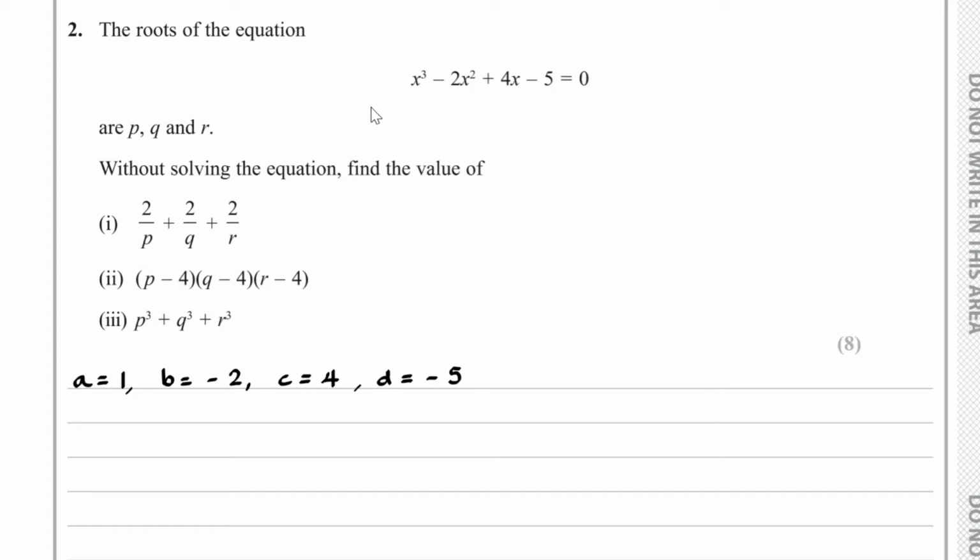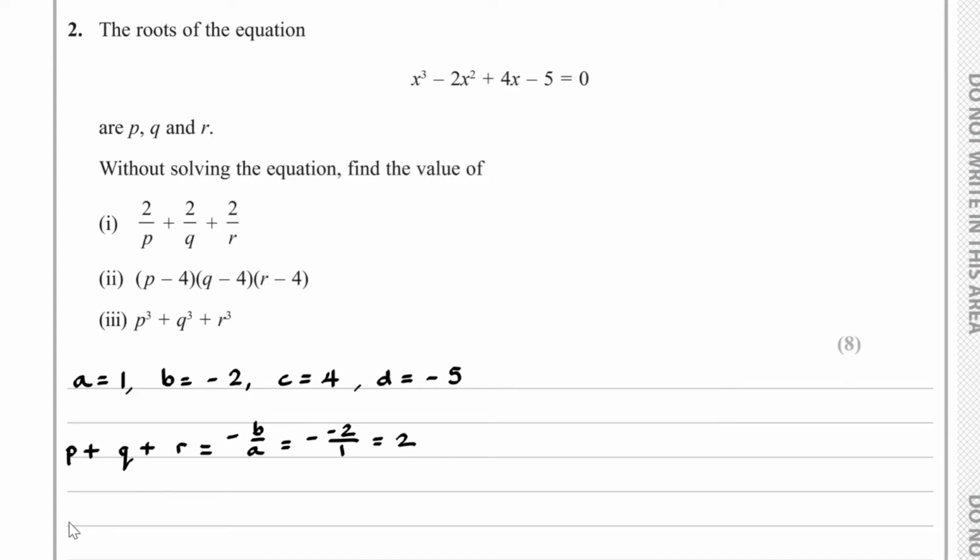And the first thing we can do, we can find out the sum of the roots. p plus q plus r is equal to minus b over a. So we have minus minus 2 over 1, which is 2.